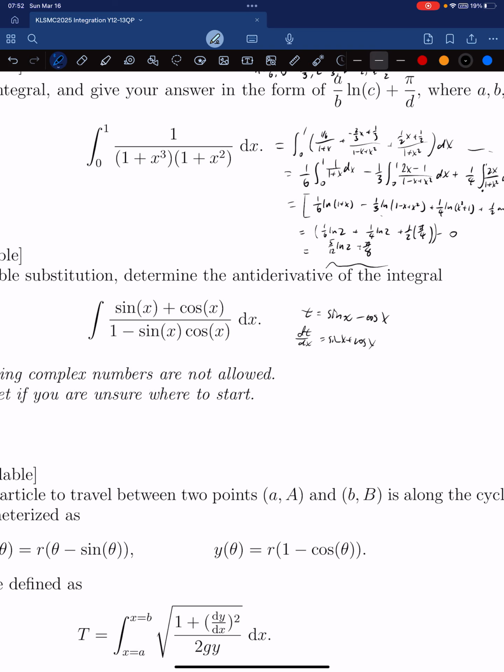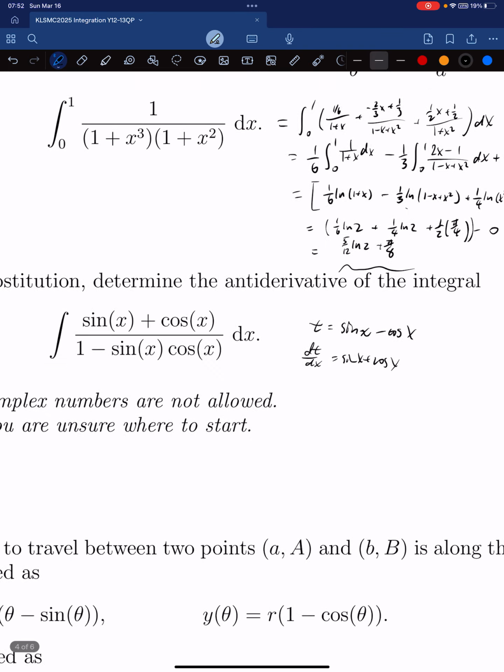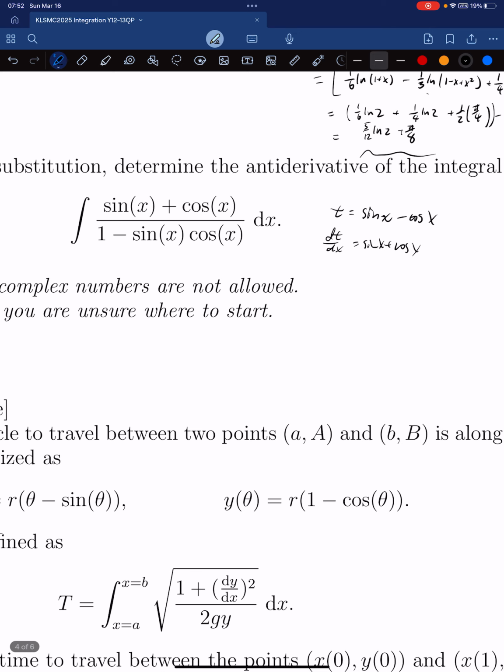So therefore, we can replace our function, because we know that sine x plus cos x times dx is dt.